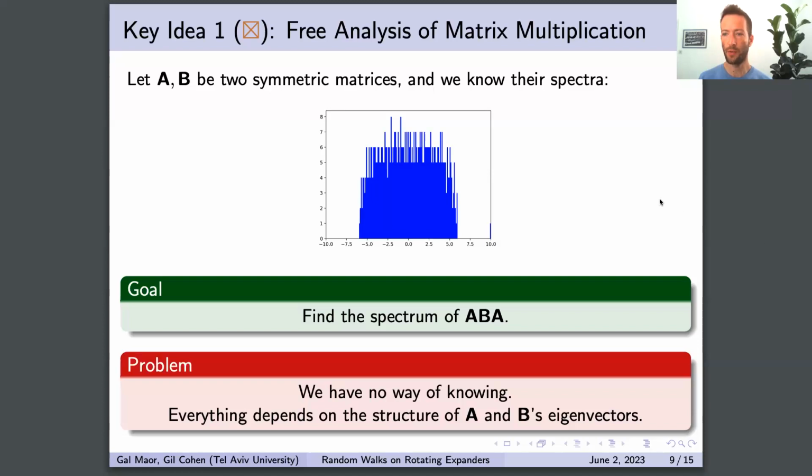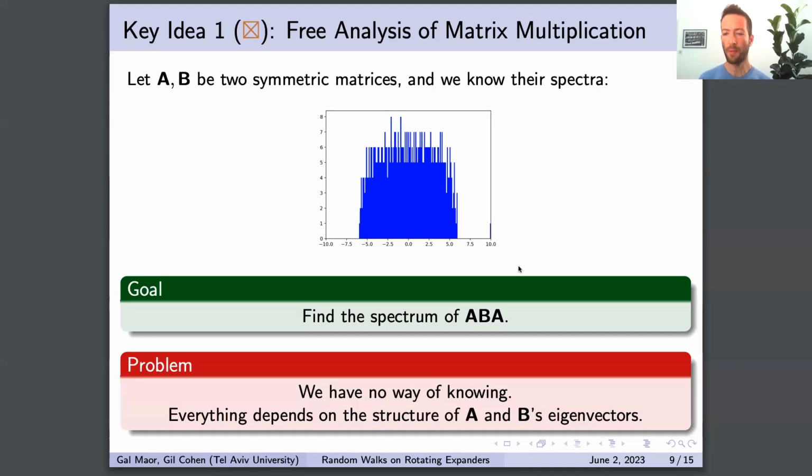If I just tell you the spectrum, if I just tell you the eigenvalues, I tell you nothing about the eigenvectors, so you cannot understand anything about the dependencies between A and B. So there's nothing that can be said except for maybe some trivial bounds on the spectrum.